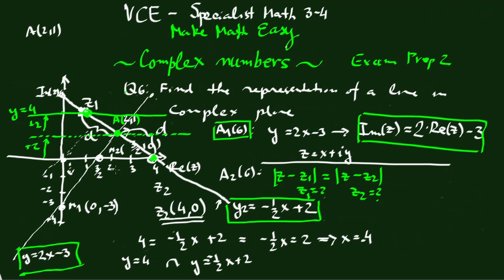X is minus 4. So that coordinate there is x equals minus 4, and what's the other coordinate? Is obviously 4.